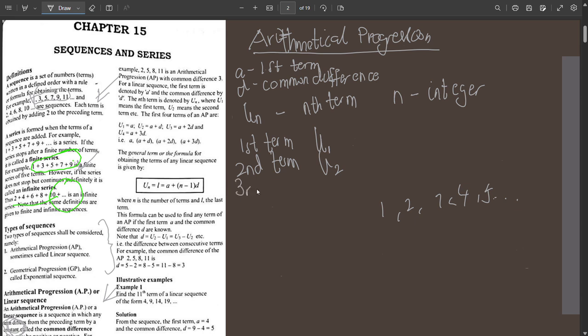My third term will be equal to U subscript 3. Do you get it? So the 54th term would be U54. Get it? Perfect.